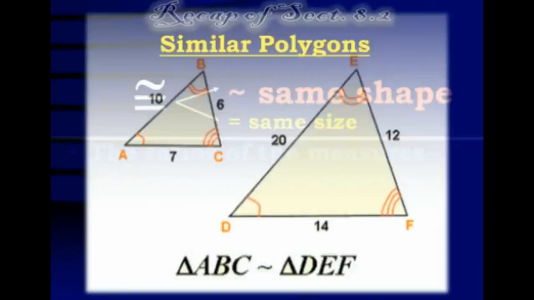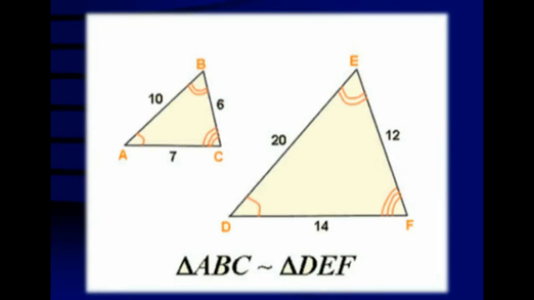So let's keep going. What you're going to see is a picture. This is an exact picture of 2 triangles that are similar according to the definition that we just talked about. Angle B matches up with angle E. Angle A matches up with angle D. Angle C matches up with angle F. Everything is good in terms of the corresponding angles being congruent.